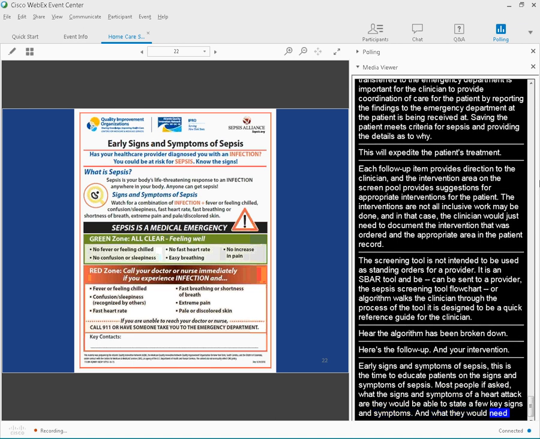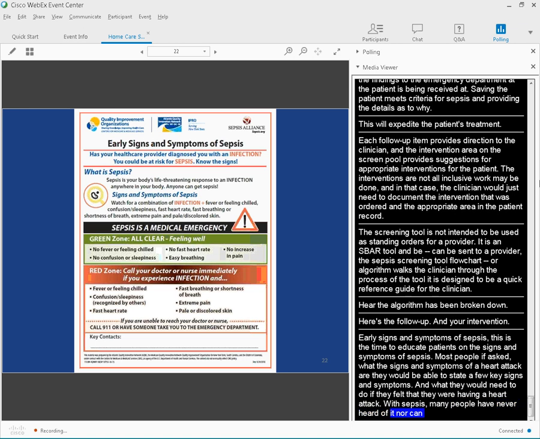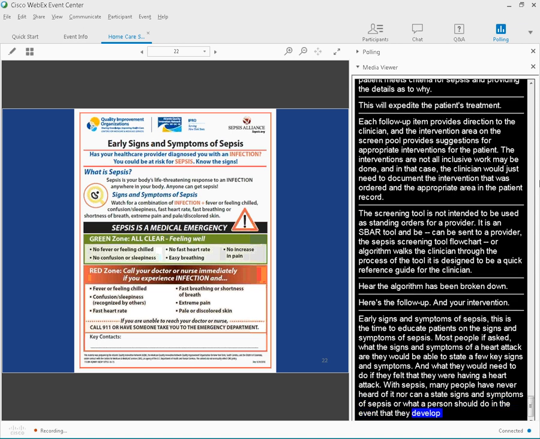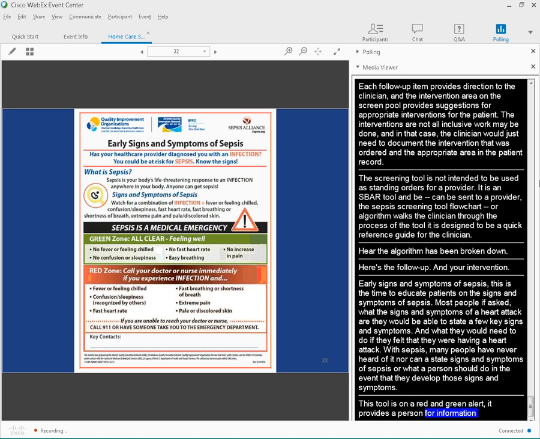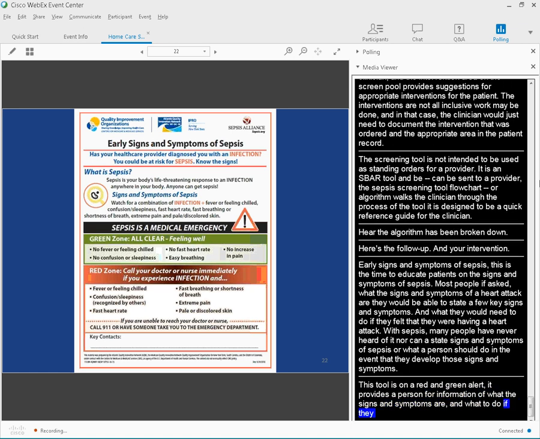With sepsis, many people have never heard of sepsis, nor can they state signs and symptoms of sepsis or what a person should do in the event that they develop those signs and symptoms. This sepsis zone tool is on a red and green format, provides a person information of what the signs and symptoms are and what to do if they develop these symptoms that are easily understood.